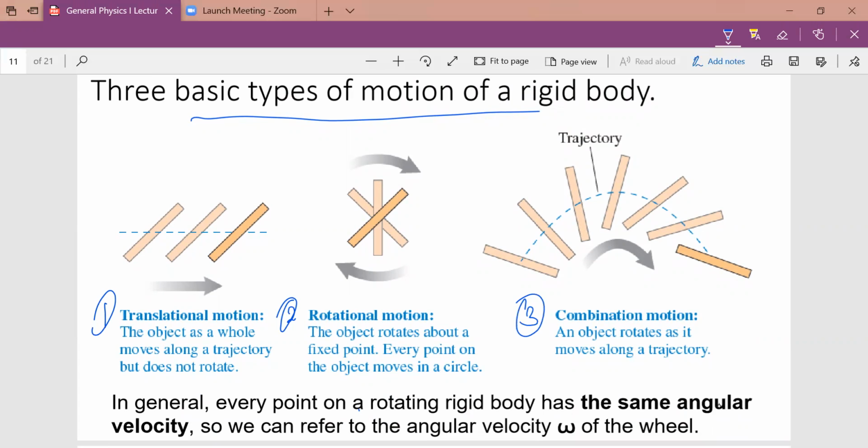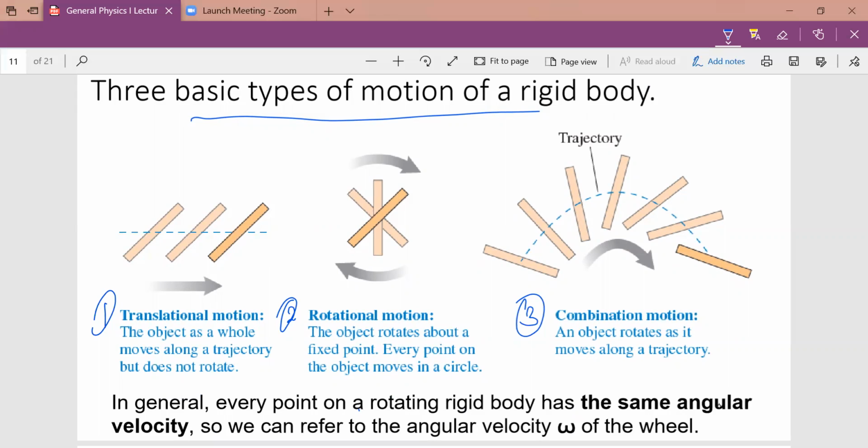So we see the object as a whole move along a trajectory, but it does not rotate. We have parts of the object moving along the trajectory, but not rotating.